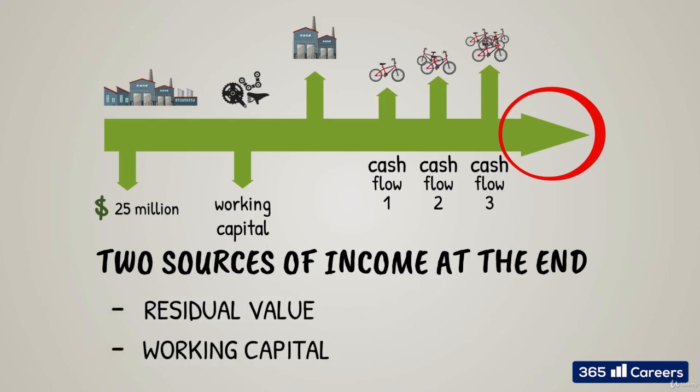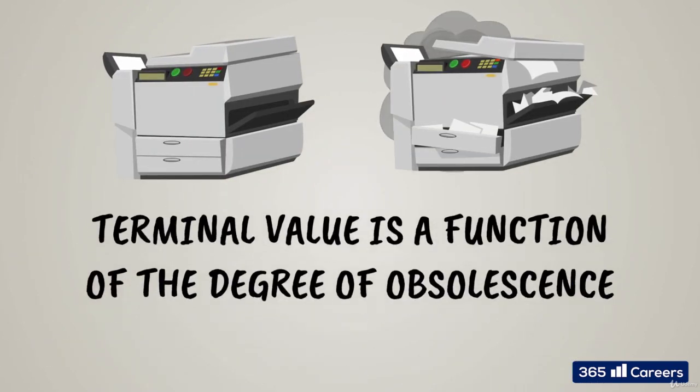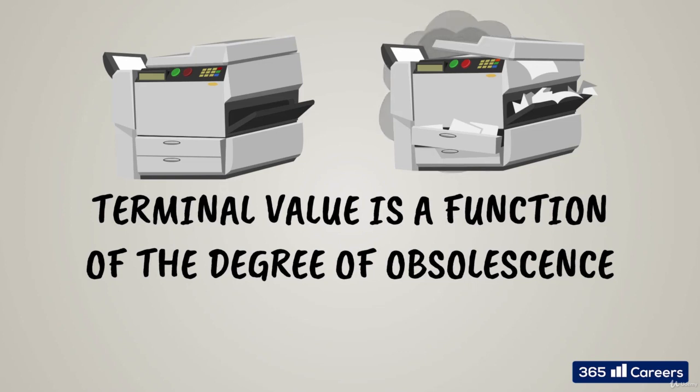One deriving from selling the residual assets related to our project, and another from the freeing up of working capital. The terminal disposal price of the asset we've invested in is determined by its degree of obsolescence. If this is an asset that ages quickly, then the terminal price will be a small fraction of its original price.